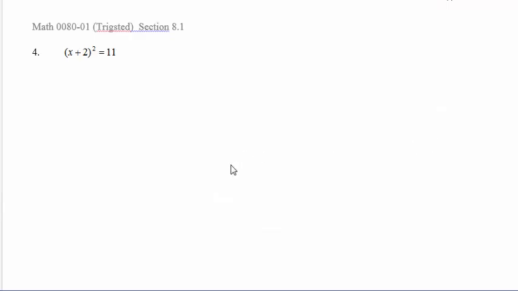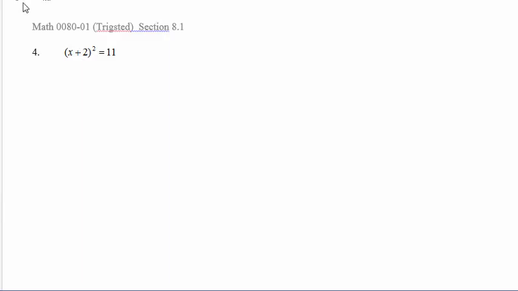All right, so we step it up a little, and this time, instead of just squaring a variable, we're squaring an expression, and that's fine. I do notice that my expression that's being squared is isolated. There's nothing being multiplied or divided by what's being squared. Nothing is being added or subtracted to what I'm squaring.